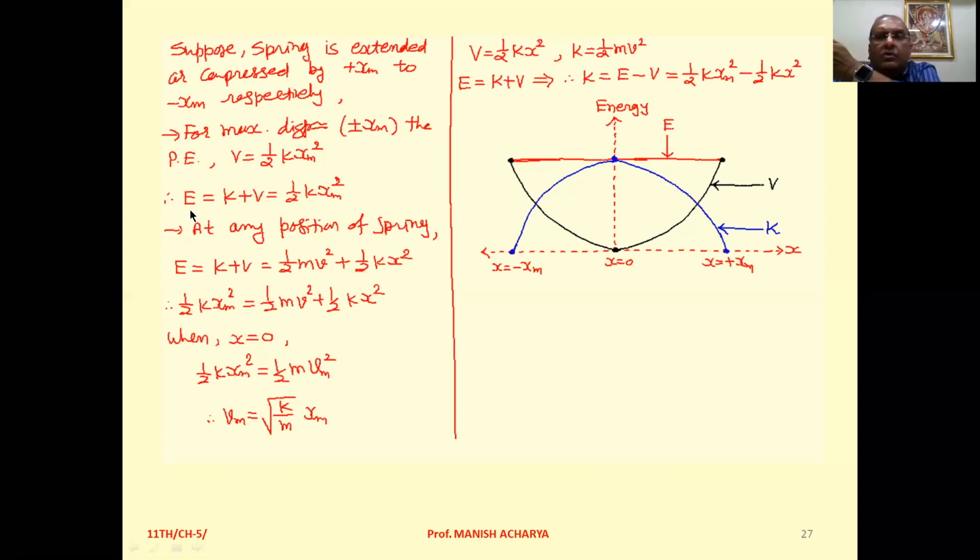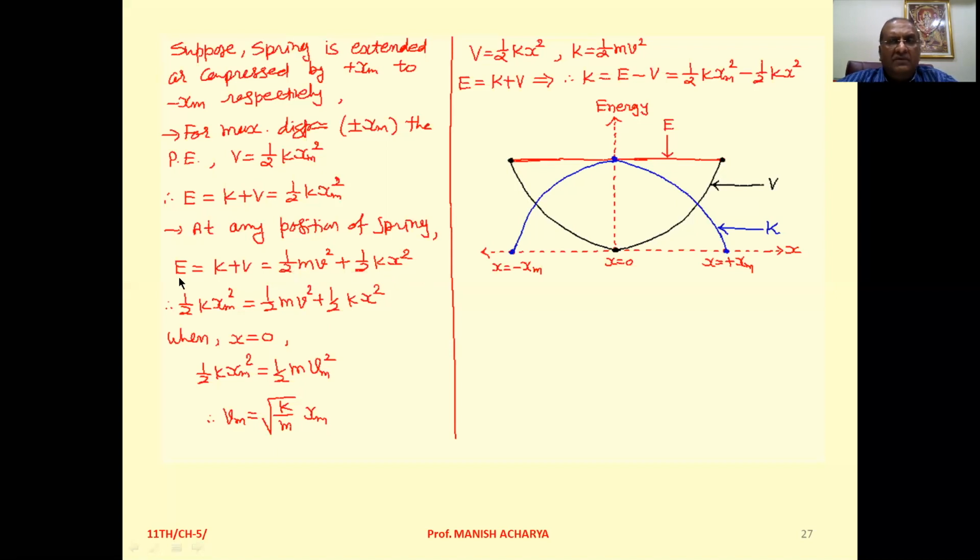So when the spring moves towards the equilibrium position or towards its normal condition, then at any point, suppose its velocity is v, and at that point its displacement is x, then we can write at any position of the spring the total mechanical energy, that is kinetic plus potential, that is half mv square plus half kx square.